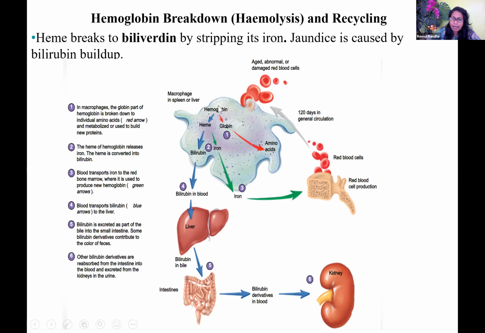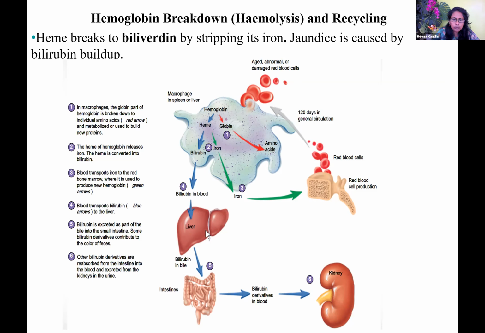Macrophages will break down the hemoglobin molecule to heme and globin. And then through a series of reactions, it will be broken down to something called biliverdin, which is green in color. And then that is further broken down to bilirubin. And then it is modified in the liver.